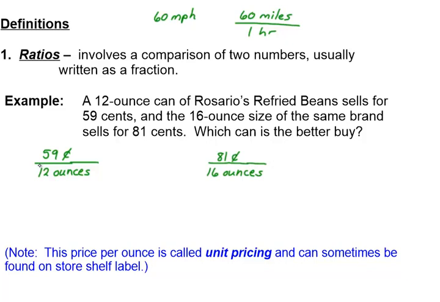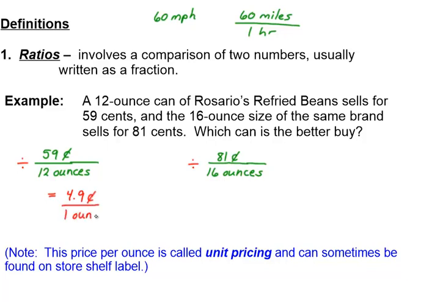Now remember, when we have fractions like this, a fraction bar is simply a division problem. So all I'm going to do is divide. So if I take 59 divided by 12, and I did that on the calculator, I get 4.9. What does that mean? That means that it's going to cost 4.9 cents per 1 ounce.